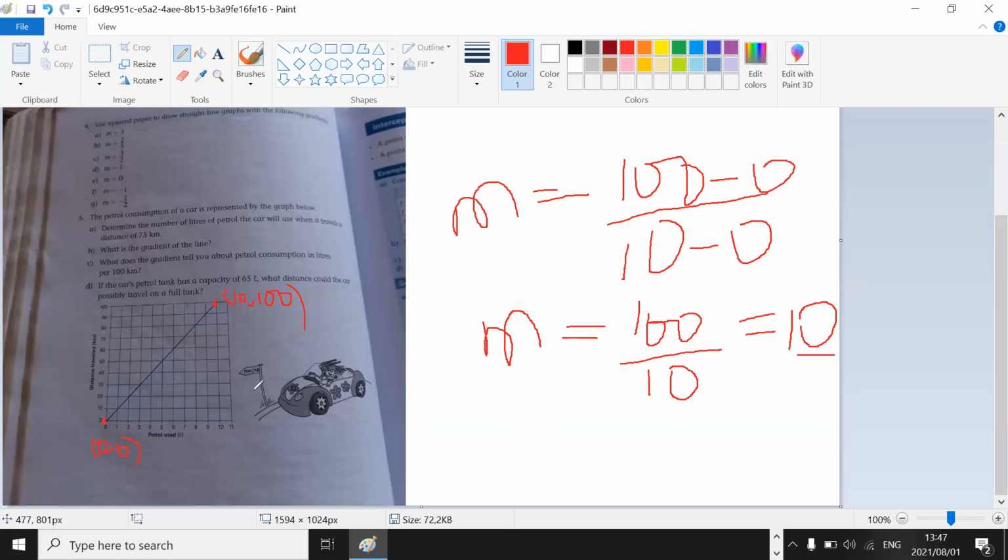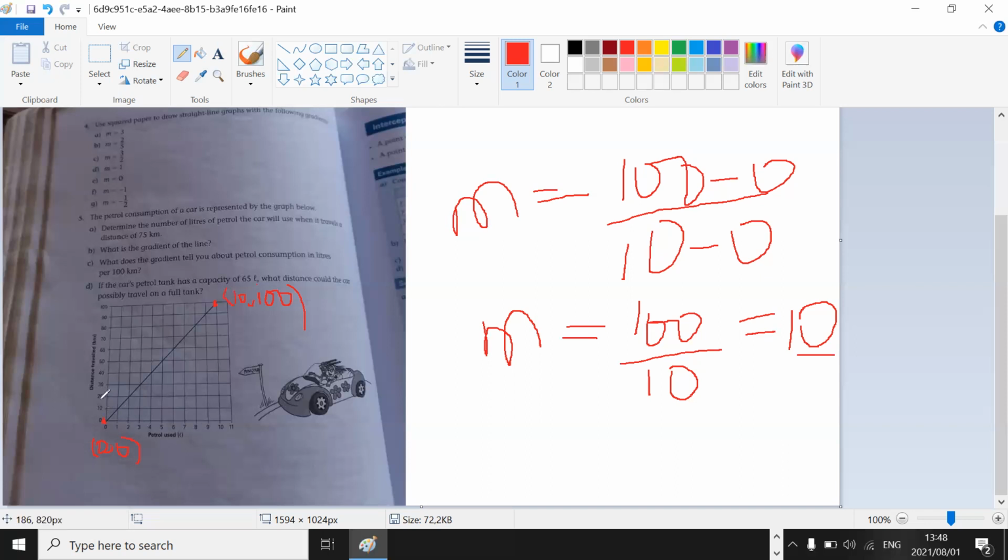All right. So in simple terms, this gradient of 10 simply tells us that this car is going to consume a lot of petrol when it travels certain kilometers. For example, in this case, if it travels 10 kilometers, it will consume 1 liter.